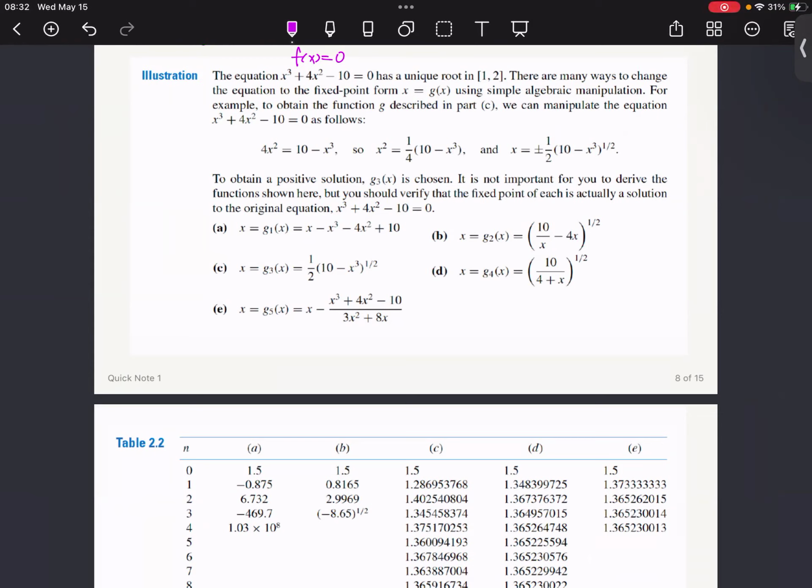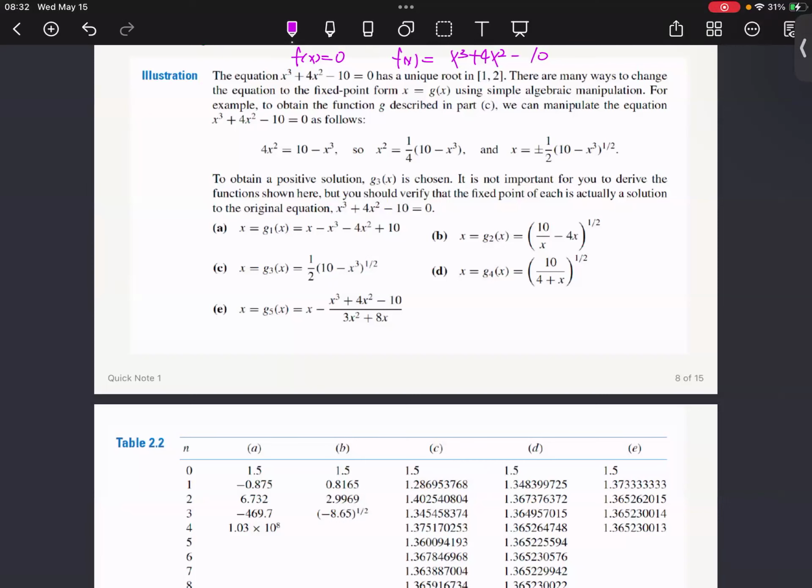Let's see the E format. If you take a look at the E format, you will see this. This is the root finding problem: f(x) equals x cubed plus 4x squared minus 10.